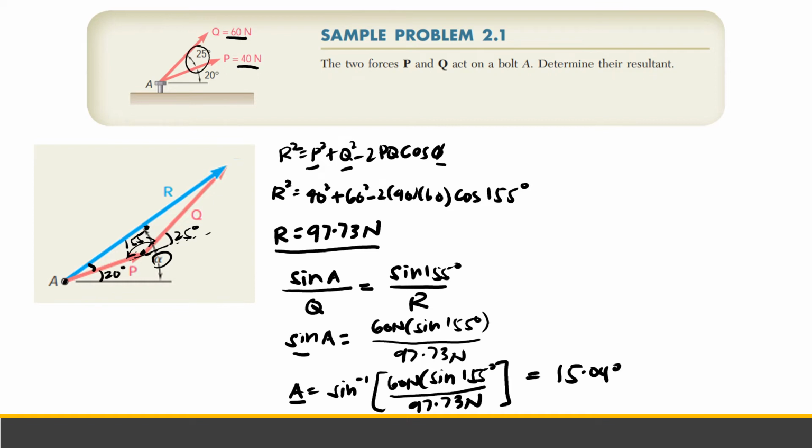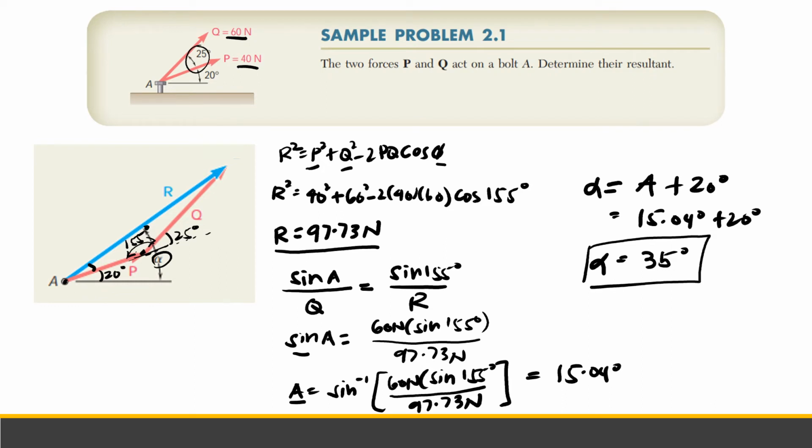This is not yet our alpha. From the figure, alpha is equal to angle A plus 20 degrees, so 15.04 degrees plus 20 degrees. So alpha is approximately 35 degrees with respect to the horizontal, or our x-axis.